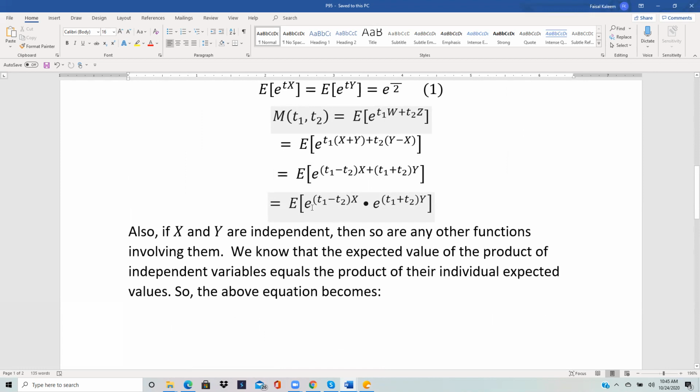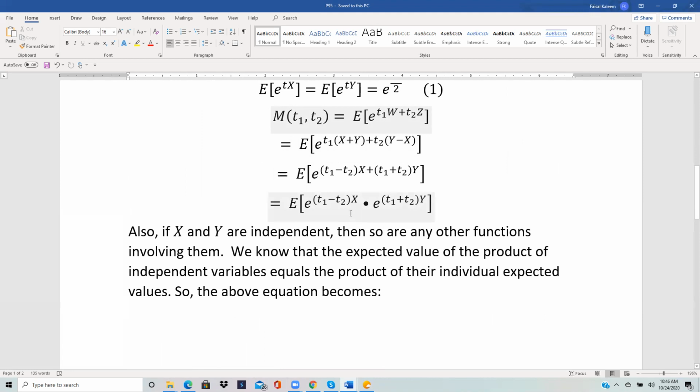So e power (t1 minus t2) times X is a function of X, and similarly, e power (t1 plus t2) times Y is a function of Y. Since X and Y were independent, these two functions will also be independent. The advantage of knowing that is that you can break the expected value of the product into the product of the individual expected values.